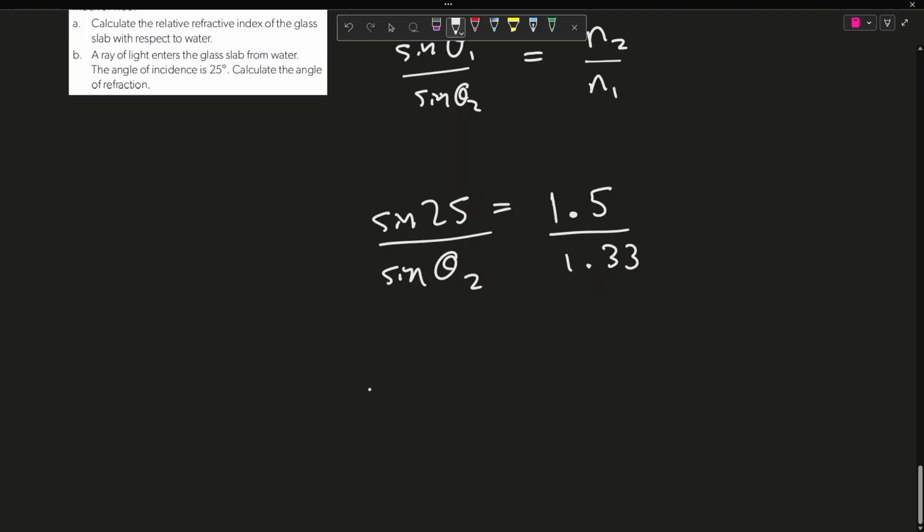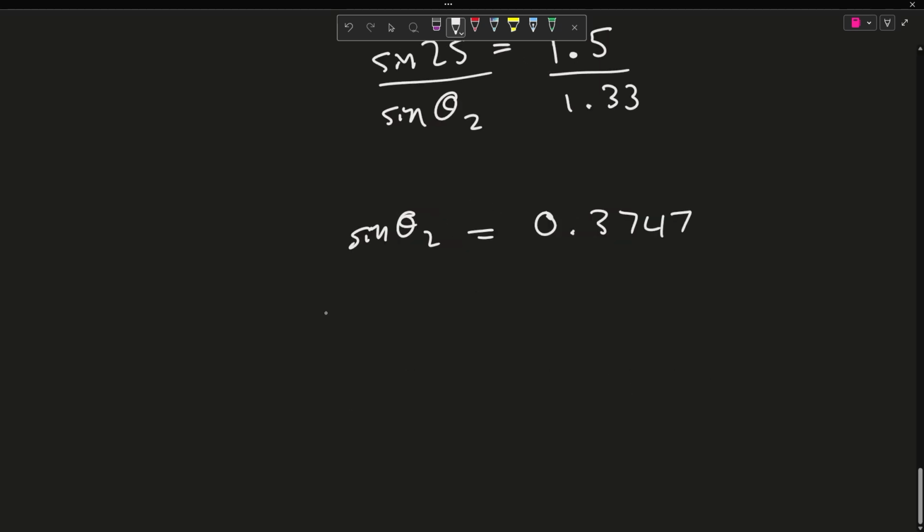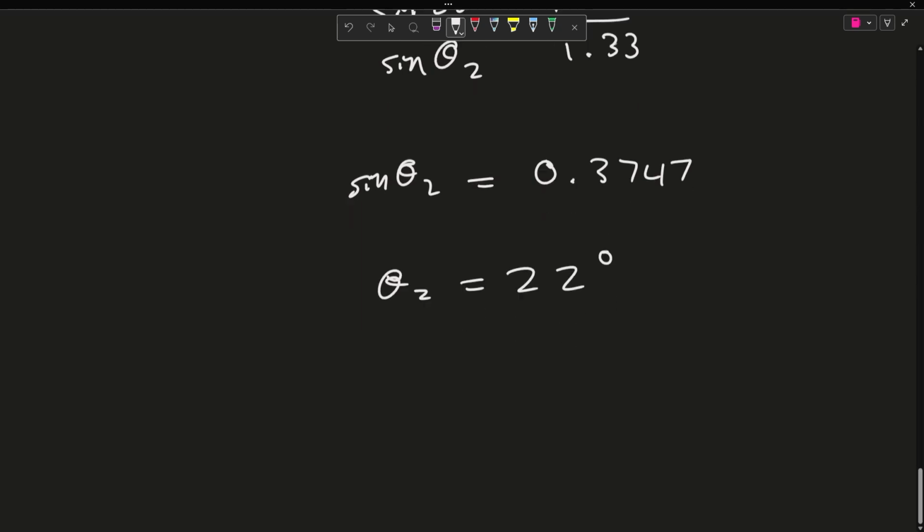And so if you just solve this for sine theta 2, you'll get that it is equal to 0.3747. So if you just take the inverse sine of both sides, theta 2 is equal to 22 degrees.